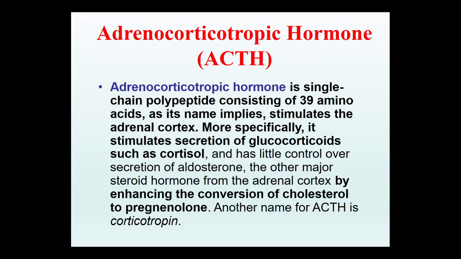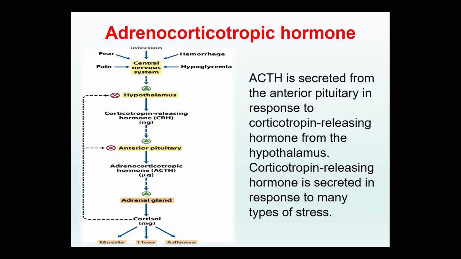The ACTH stimulation influences the conversion of cholesterol to pregnenolone. Another name of ACTH is corticotropin. ACTH is secreted from the anterior pituitary in response to corticotropin releasing hormone from the hypothalamus.